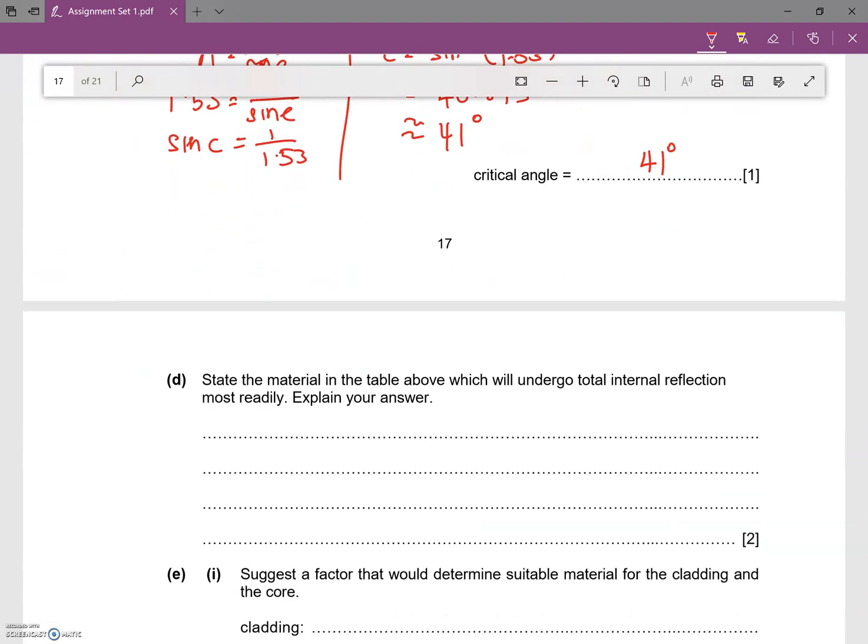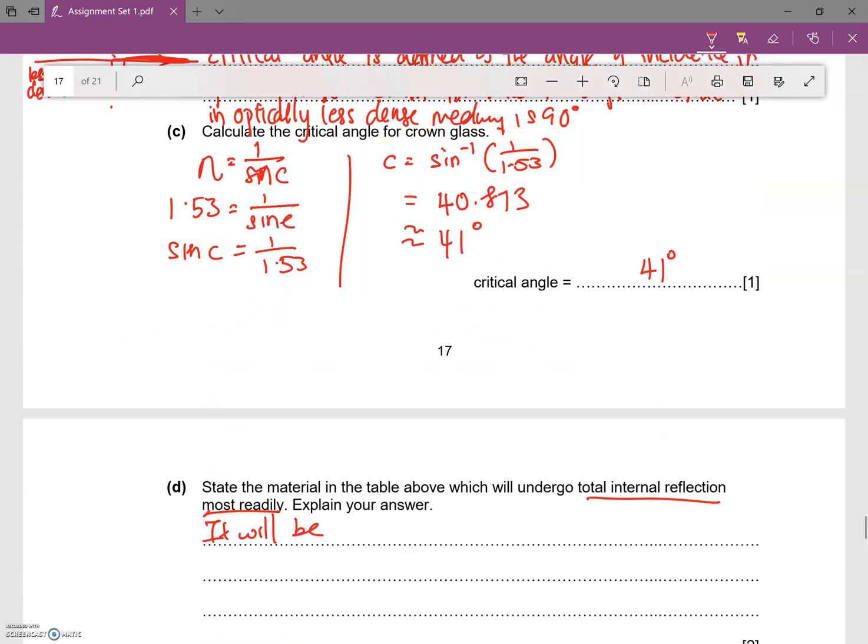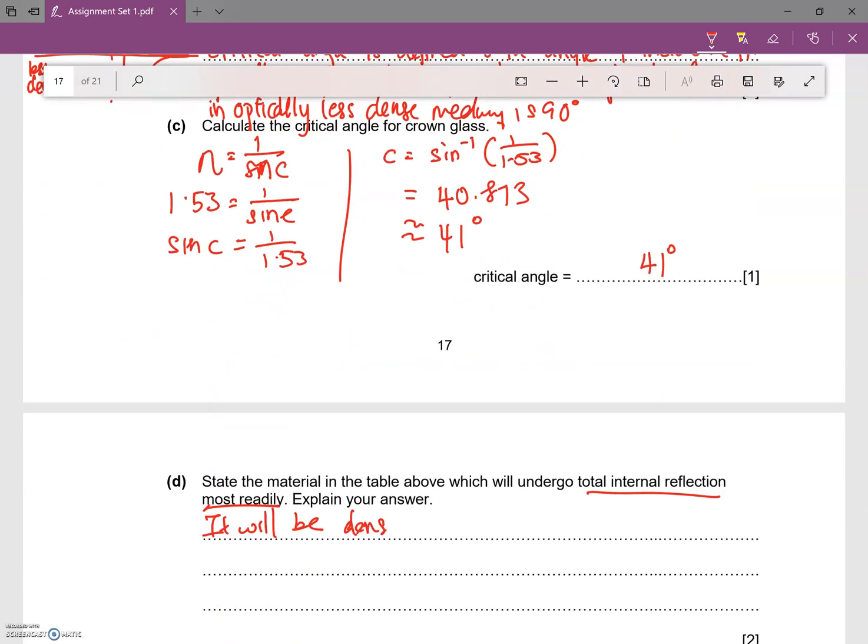Now, they say state the material in the table below which will undergo total internal reflection most readily. Explain your answer. So for the light ray to undergo total internal reflection most readily, it will be dense flint glass. Why?